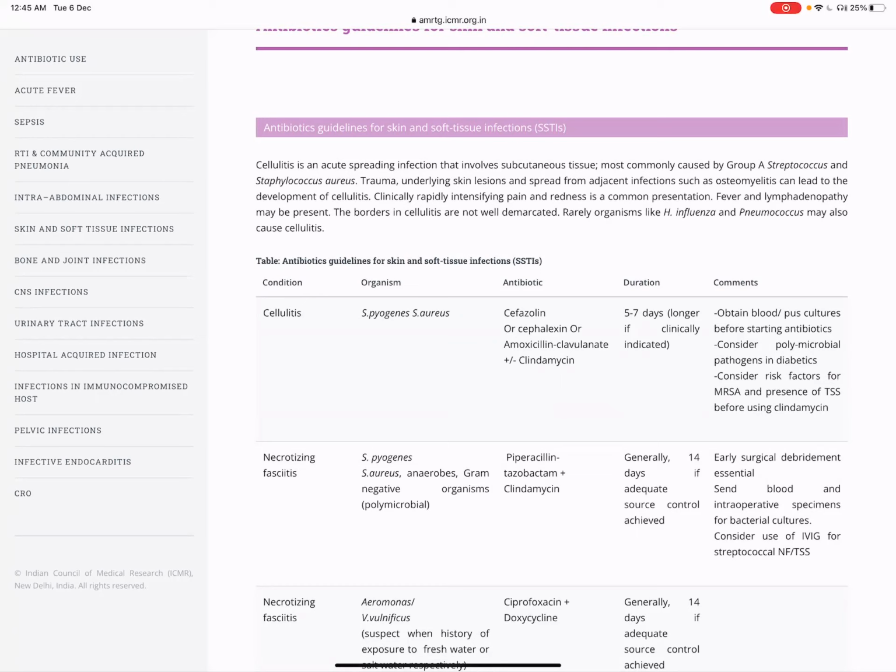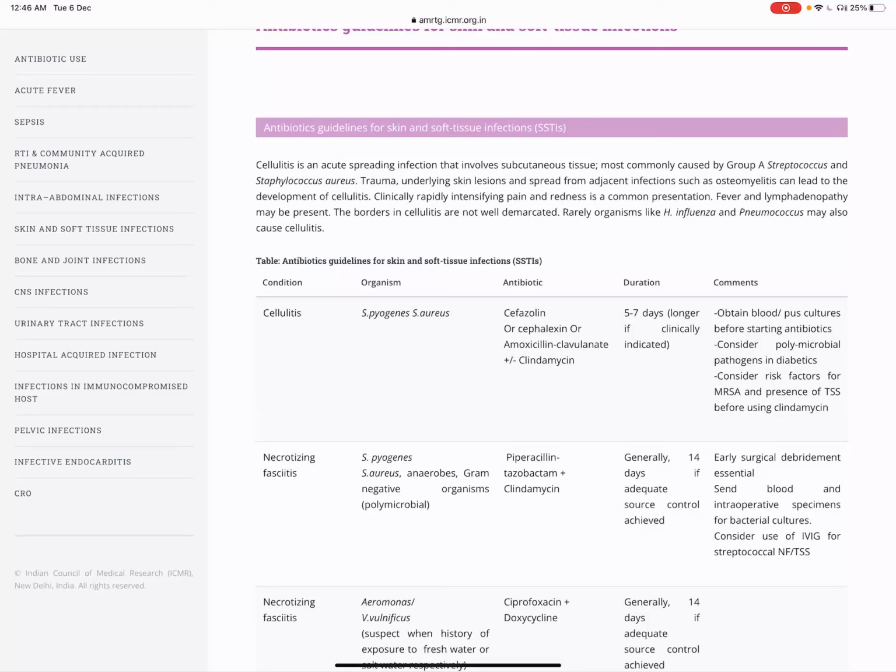Clindamycin has two actions. One, it acts against anaerobes, plus it inhibits toxin production from staphylococcus and streptococcus. So giving clindamycin in addition to gram-positive cover inhibits toxin production from streptococcus and staphylococcus.